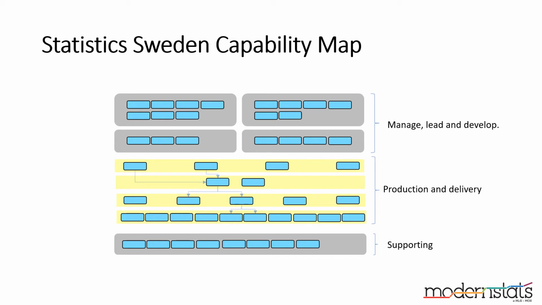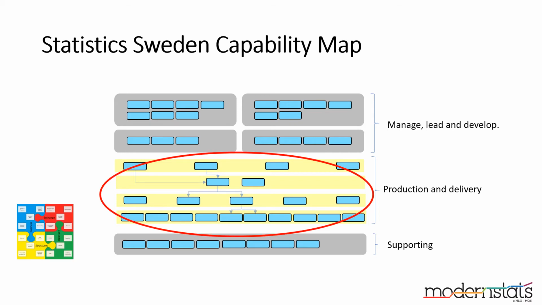And one thing that helps us there is, of course, GSIM. You could say in a way that GSIM is the language which we talk between the capabilities. So it's really important with the nice handovers between the capabilities.